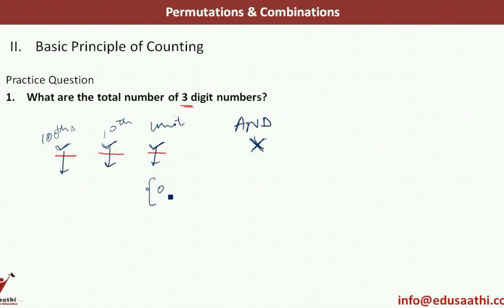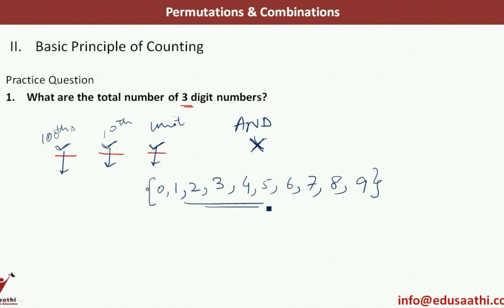The units place can either be 0 or 1 or 2 or 3 or 4 or 5 or 6 or 7 or 8 or 9. So we only have these 10 digits which can figure up in the units place. So the units place can be filled up in 10 ways.